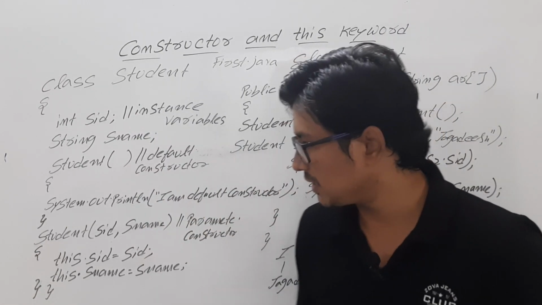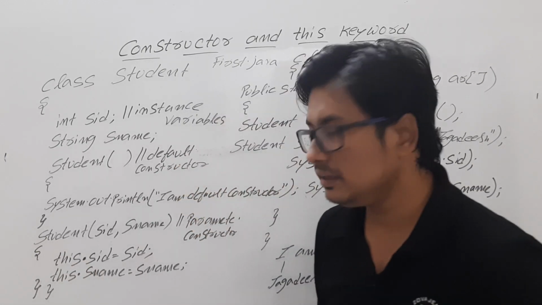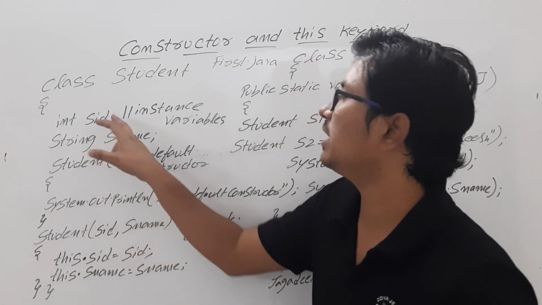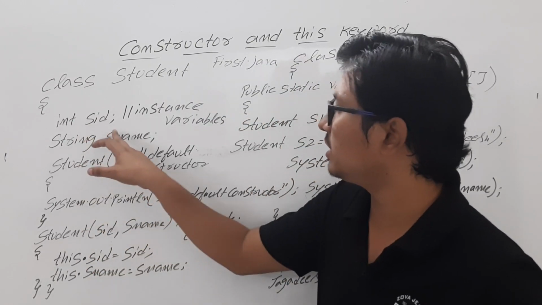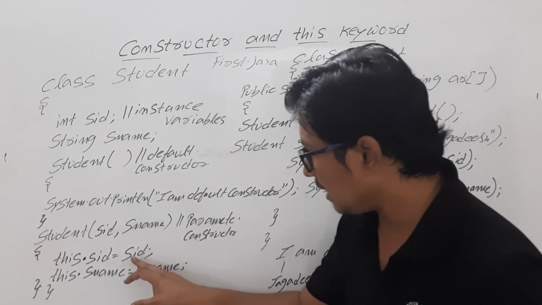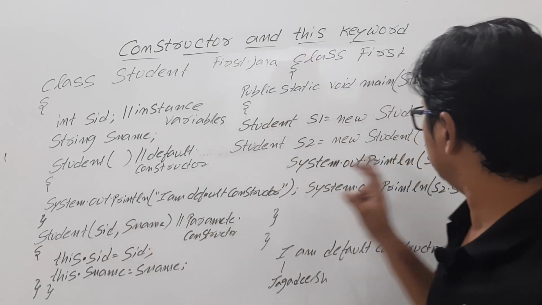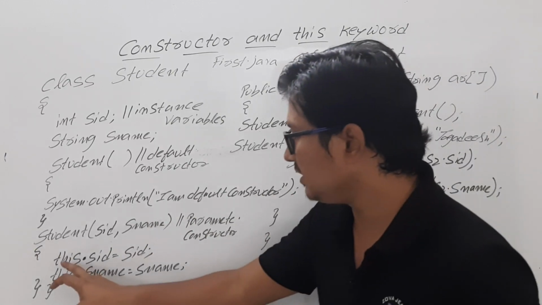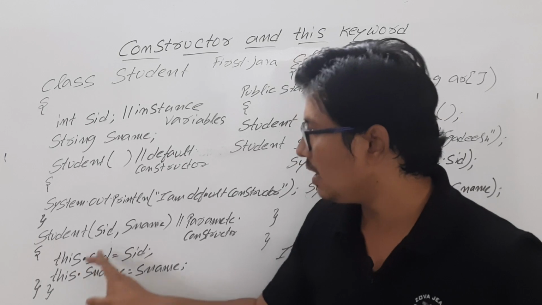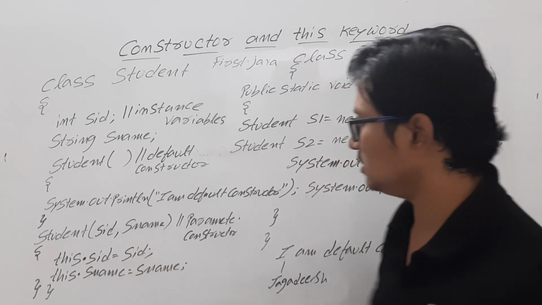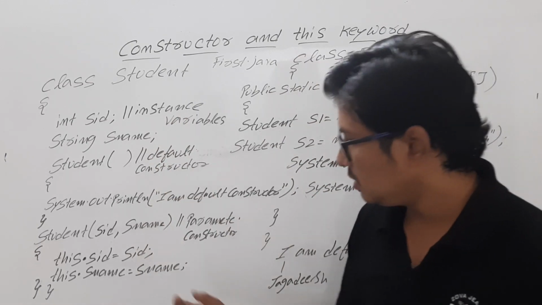Then as you are using the this keyword, this.sid will be considered an instance variable, this.sname is considered an instance variable, and sid and sname will be considered local variables. So sid is having the value 1, so it will assign the instance variable sid as 1, and sname is Jagadish, so instance variable sname will have Jagadish.